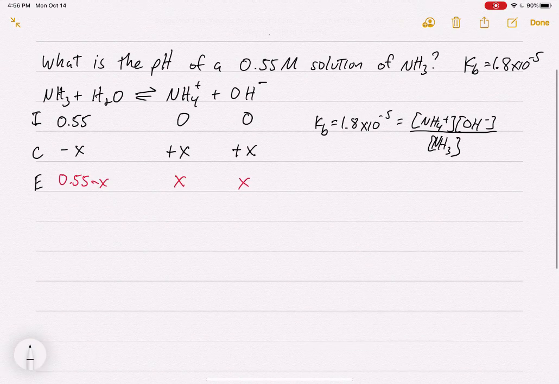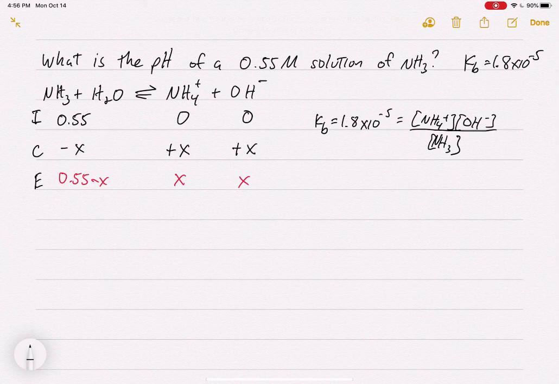Okay, we can plug all that in. We have 1.8 times 10 to the minus 5 is equal to X for the NH4 plus, X for the OH minus, and 0.55 minus X for the NH3.